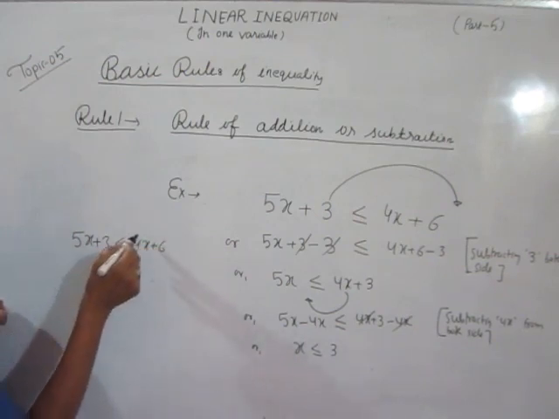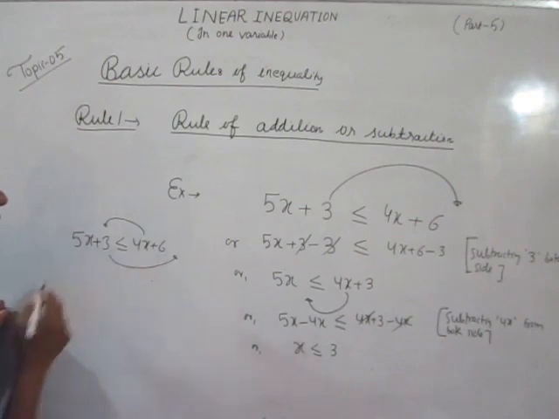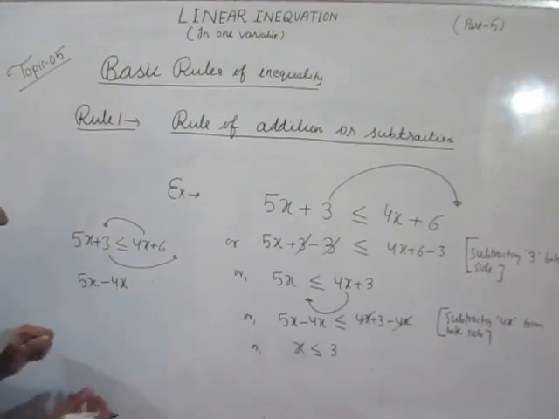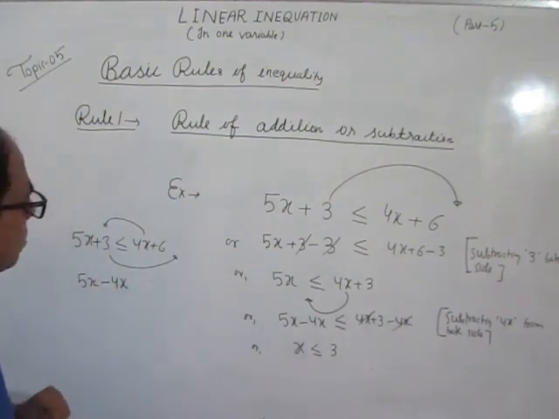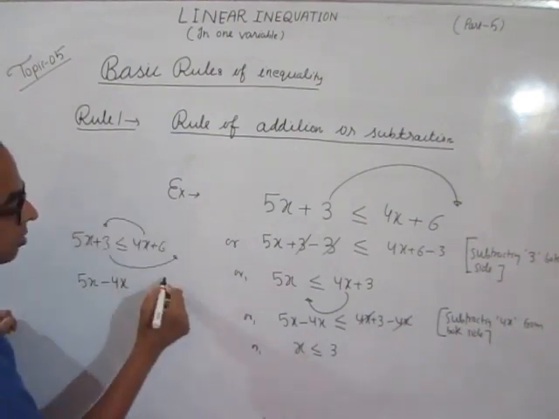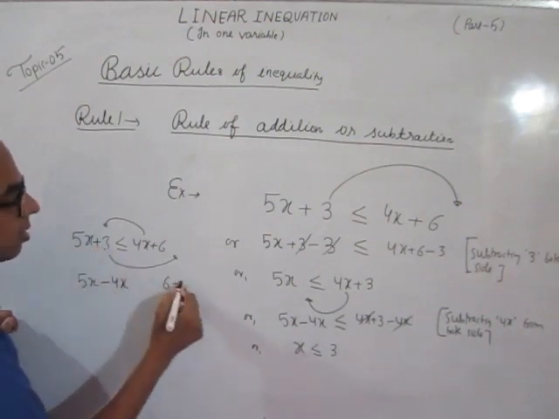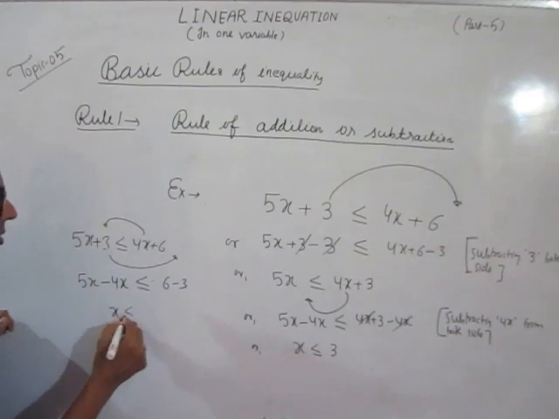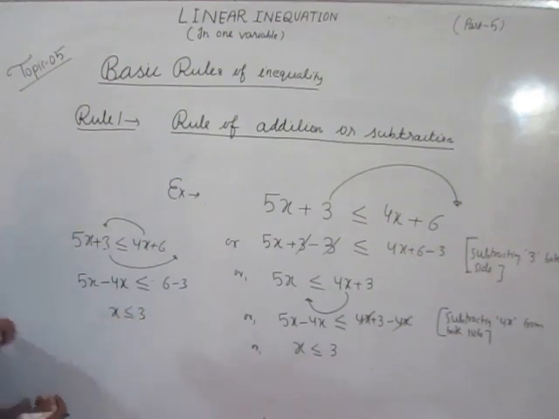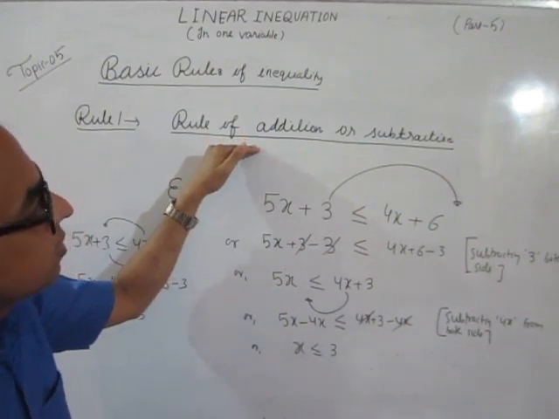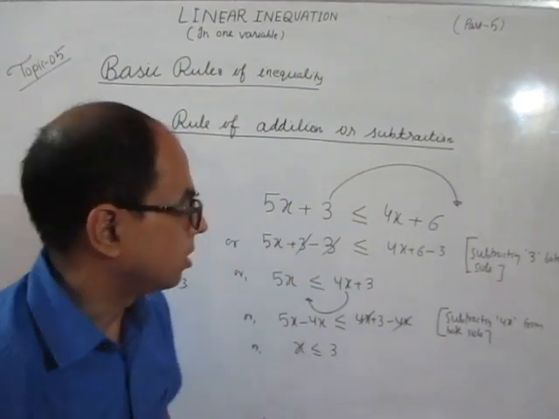We want to shift 4x to this side and 3 to the other side. So we shift this 4x to this side, so it will be minus 4x. You know the rule of transferring terms. Now shift this 3 to the other side. So 6 and this plus 3 will be minus 3. And the sign of inequality remains the same. So it will be x less than or equal to 3. So actually this rule helps us in transferring terms from one side to the other side.